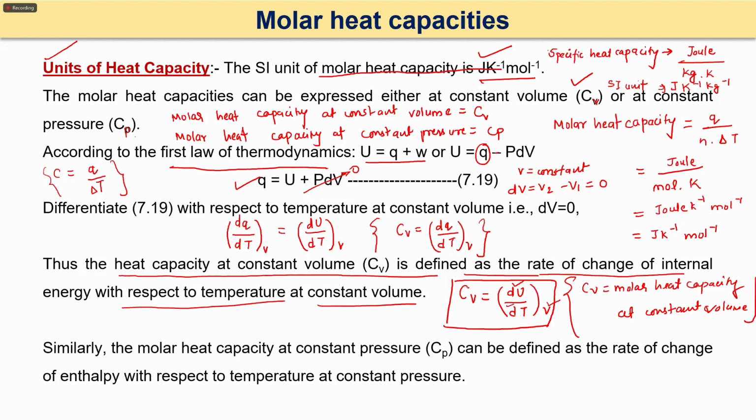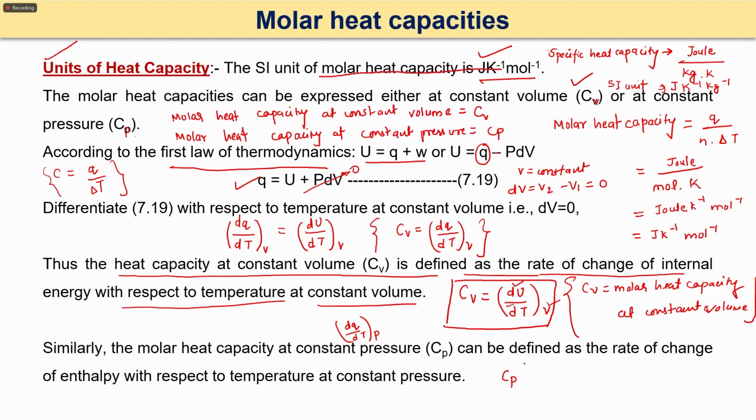Similarly, if you want to calculate the molar heat capacity at constant pressure, it is Cp, because molar heat capacity at a constant pressure will be nothing but dQ by dT at constant P, which will be Cp.